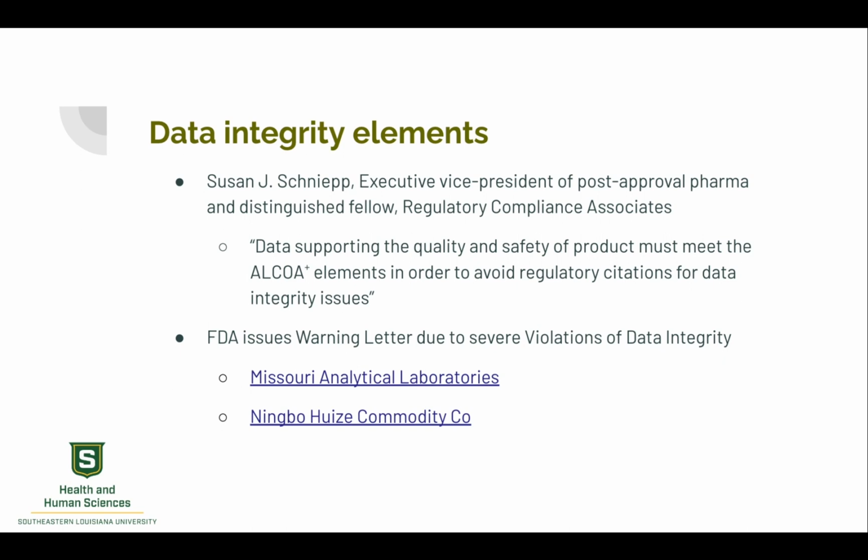So if an organization wants to avoid a situation where it's running foul of the regulatory body, you want to make sure that you are keeping up with the data integrity elements. So what are those data integrity elements? This is the ALCOA plus.